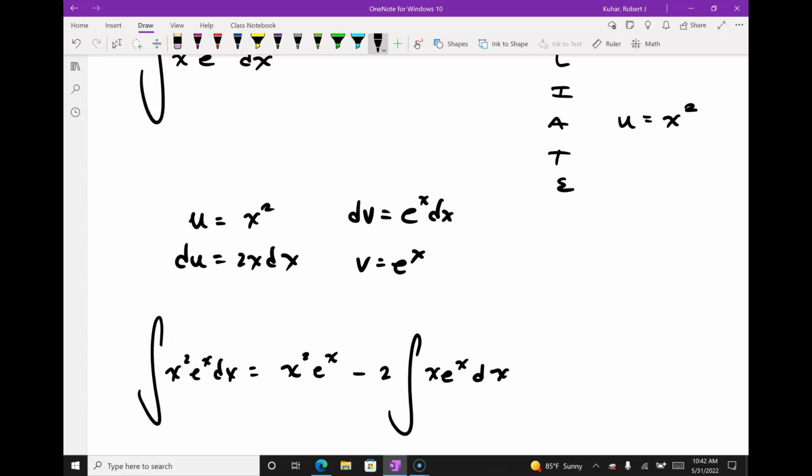Loop's not fair, I guess. I would say it's by parts and by parts again, right? So minus the integral of v du. So minus, right, v du.